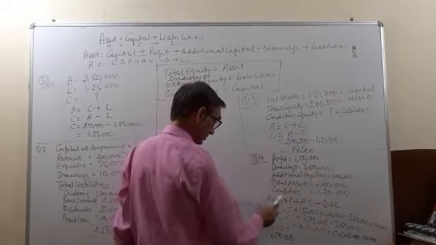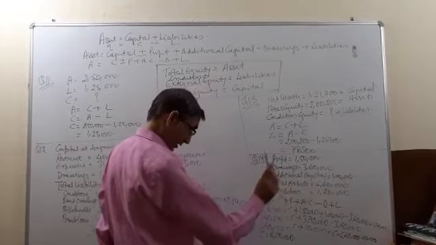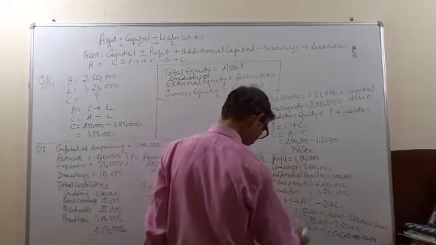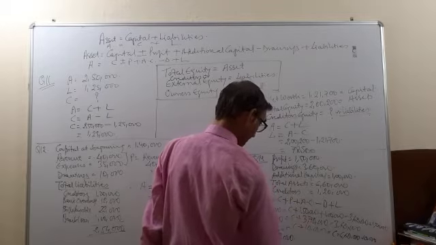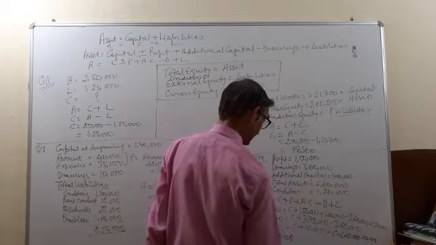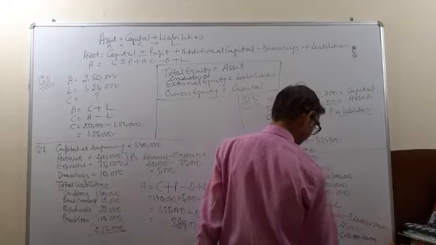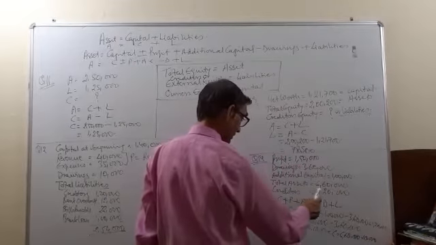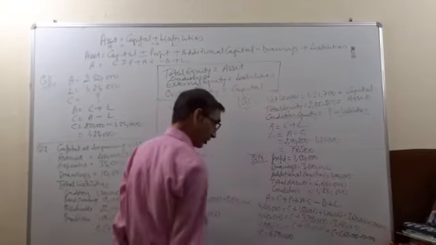Assets are 6,60,000, capital at the beginning is to be calculated, assume it to be C. Add the profits 1,50,000, add the additional capital 1 lakh, subtract the drawings 3,60,000, and the creditors 1,20,000, that is your liabilities, will be added.